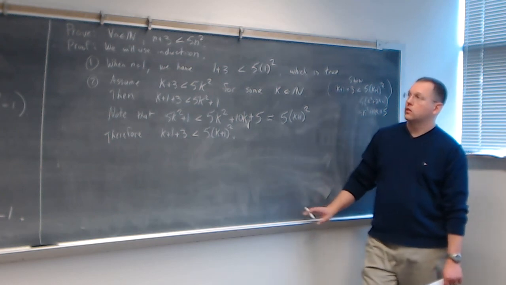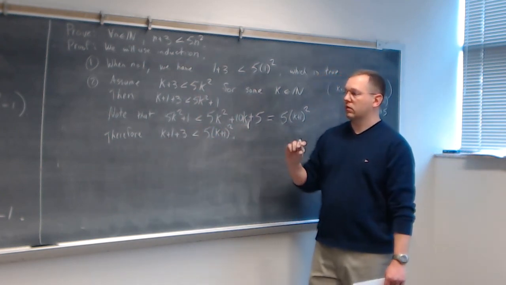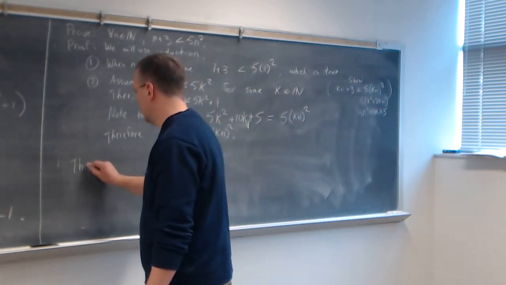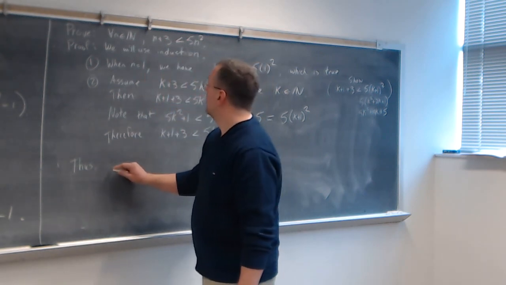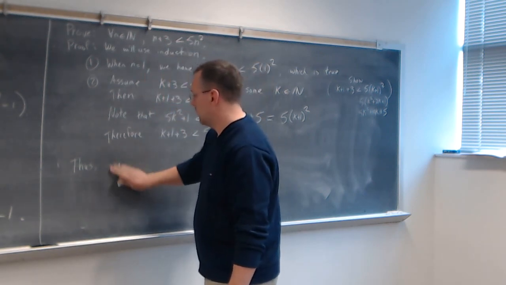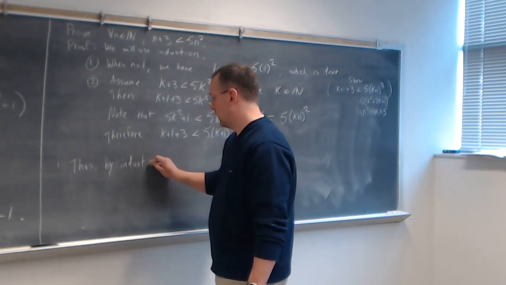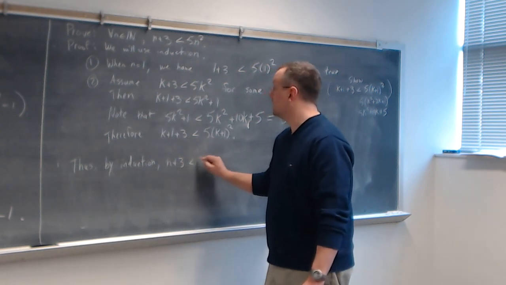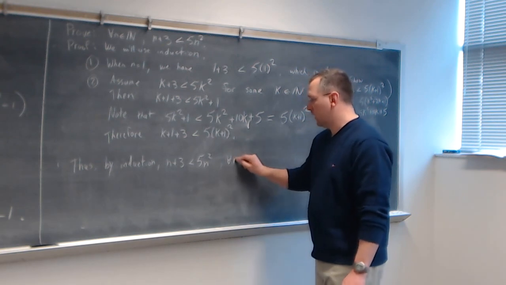We wanted to show that if the statement is true for k, then the statement is true for k plus 1. Thus, by induction, n plus 3 is less than 5n squared for all natural numbers n.